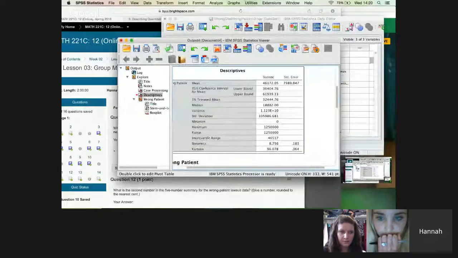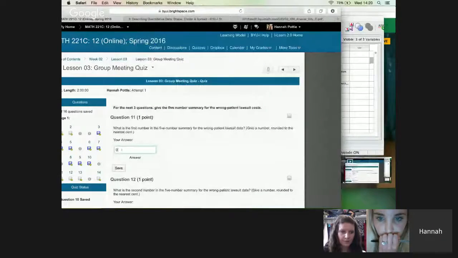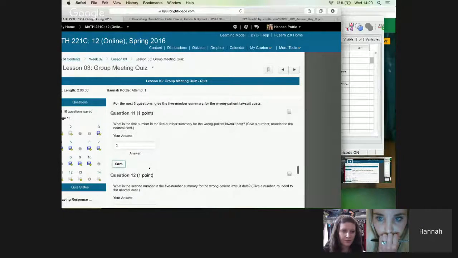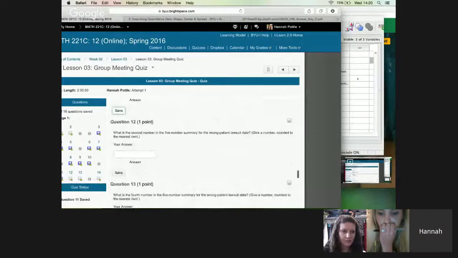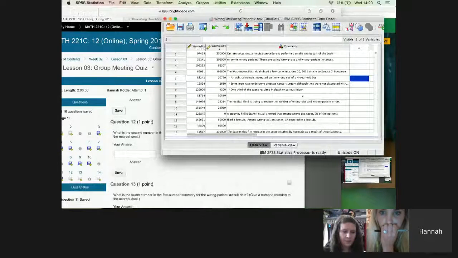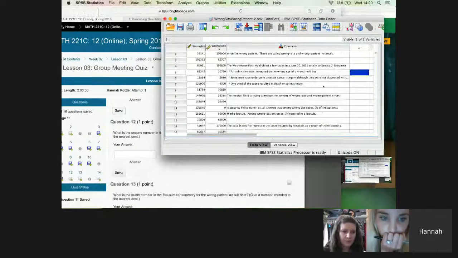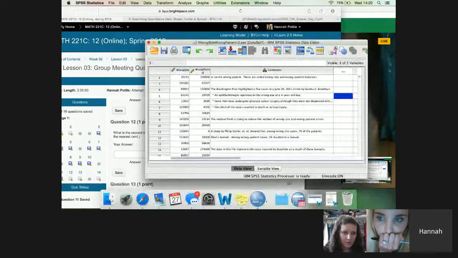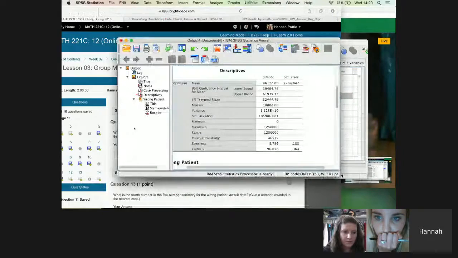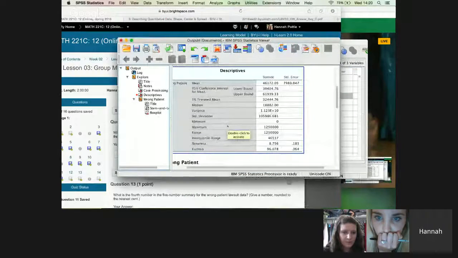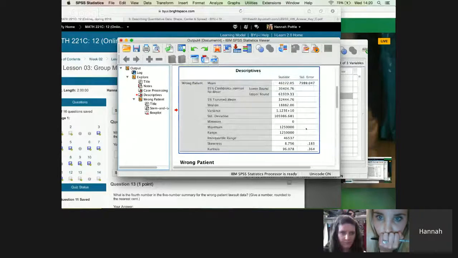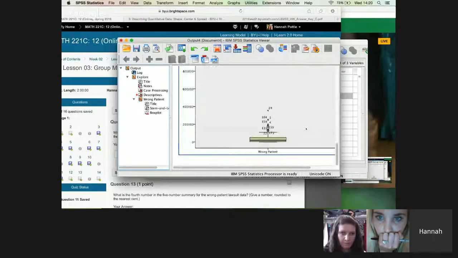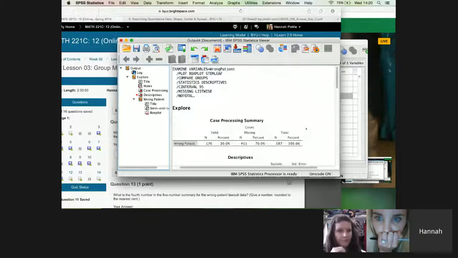So that would be our first number. Oh, okay. And then the second number would be the 25%. Don't know how to get that. Does anyone know how to get that?